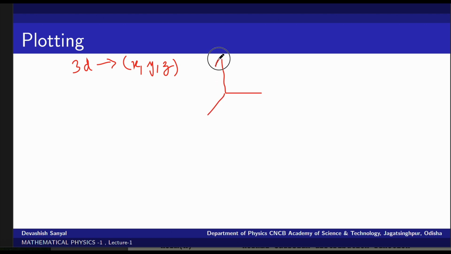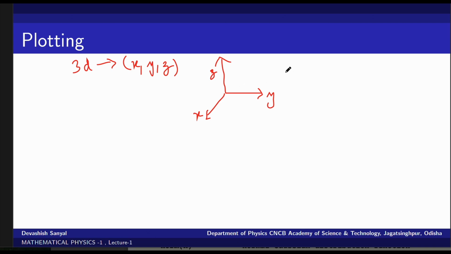This is my z-axis, this is my x-axis, and this is my y-axis. That is the convention. Using this coordinate system I can define any point in 3D.